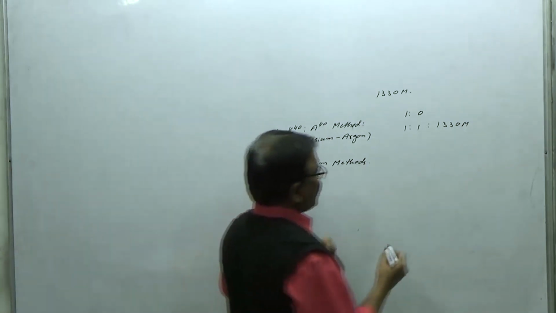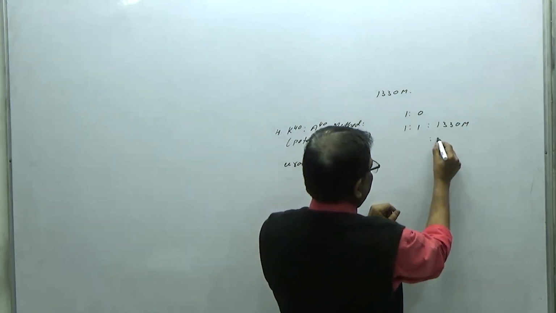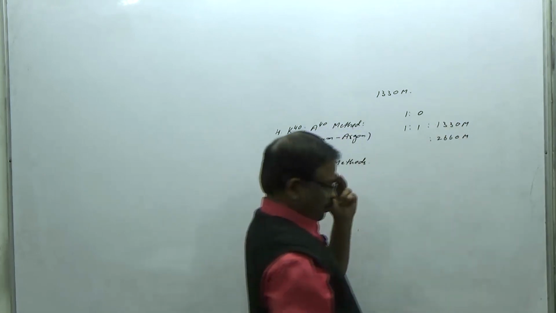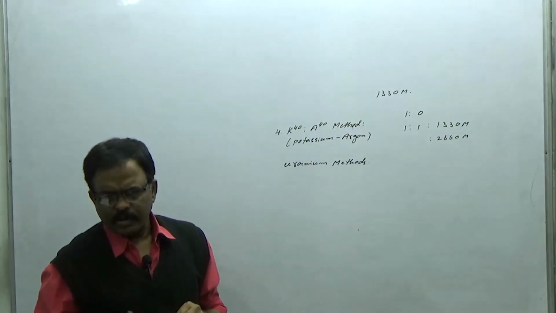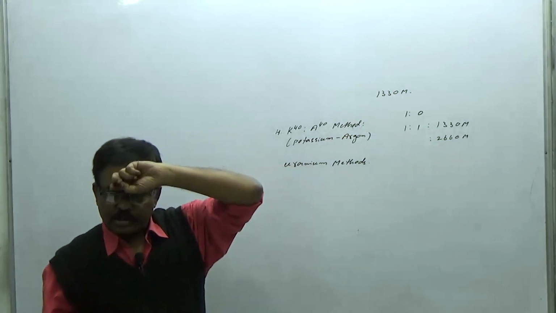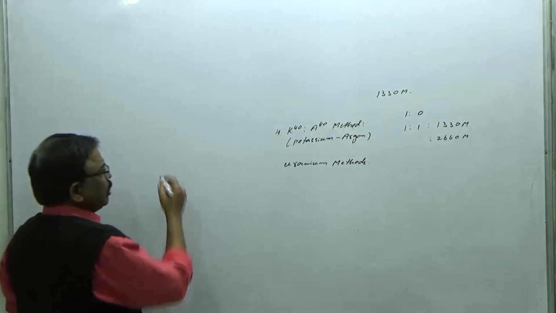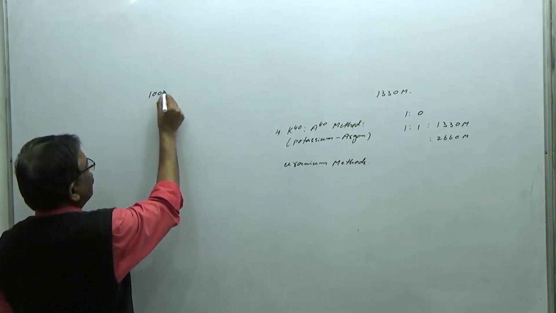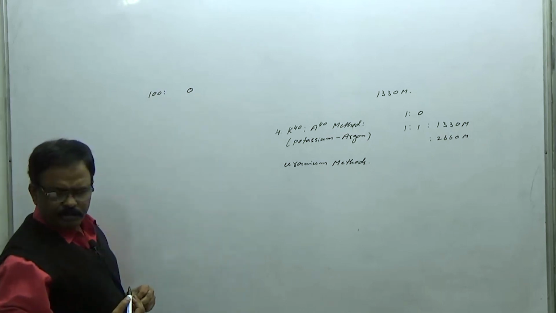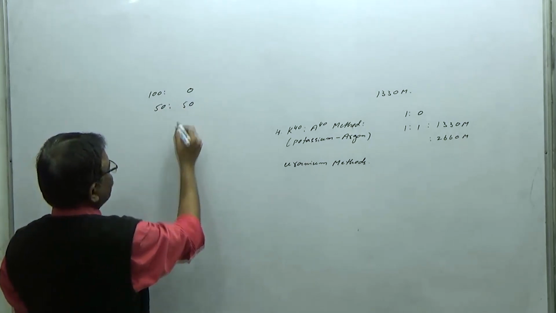Then after another 1330 million, that means 2660 million years, again half of this converts into that. That means in the beginning 100 grams here, 0 here, 1:0. Then 50-50, 1:1.